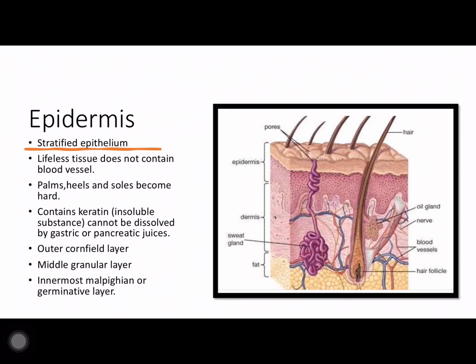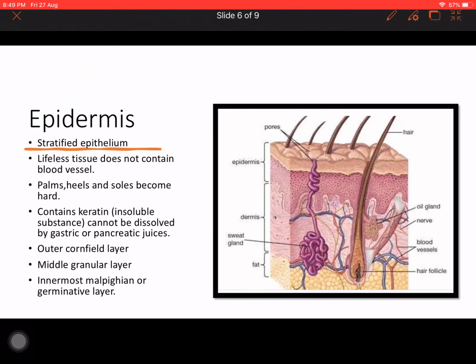If we look at the structure under a microscope, we can see these layers. So the epidermis is the outermost layer. We have already said that it is a lifeless layer and it is formed of stratified epithelium, which is arranged in horizontal layers.